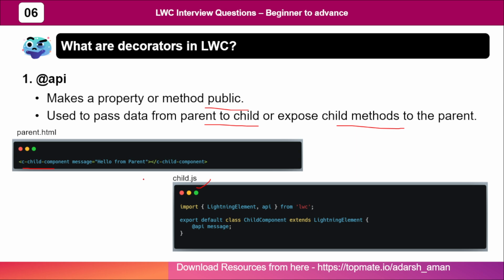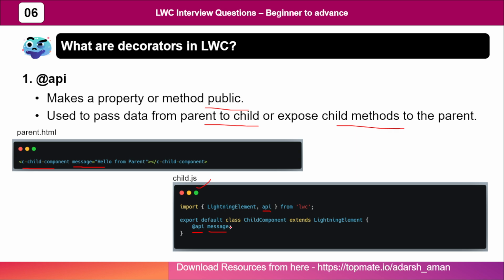If you want to pass any message from parent to child, you can pass it by using the api message. This is the child component, and this property message you want to make available for the parent. For doing it, you have to annotate this with the @api decorator, and you also need to add it in the import as well.